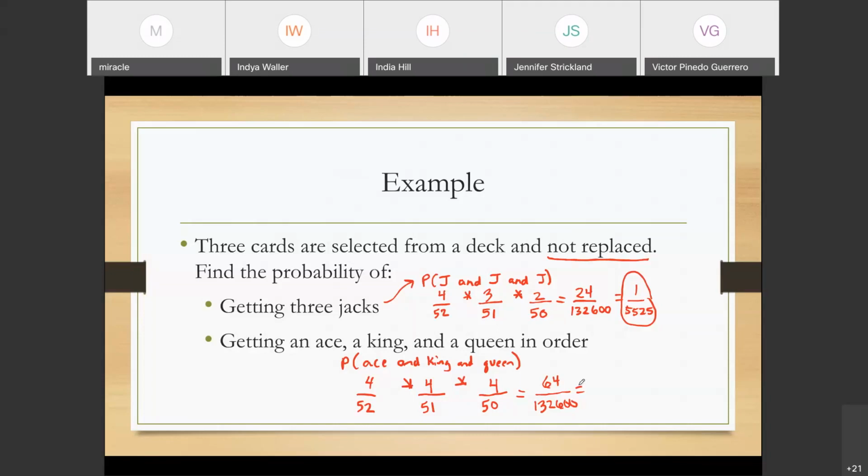It's 8 over 16,575. I think it goes a little further than that. Yes, 8 over 16,575. So both of those are divisible by 8. Okay. All right. Any problems or anything you want to ask on those two?